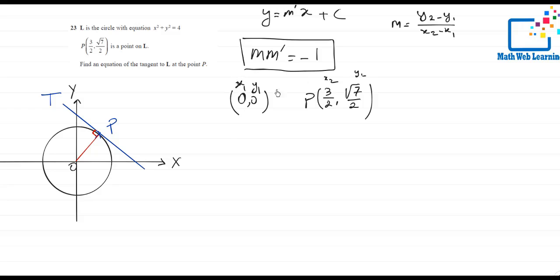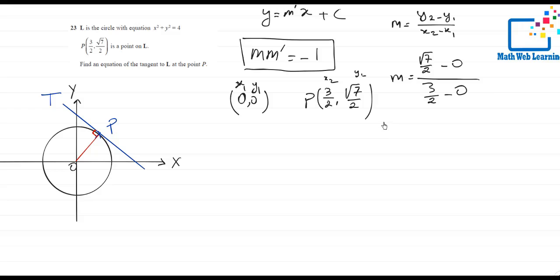So I need to do that minus that. Let's do it. So the gradient m, that is for the red line, is going to be root of 7 over 2, that's y2 minus y1, minus 0, because y1 is 0. And then x2, which is 3 over 2, minus x1, which is 0.